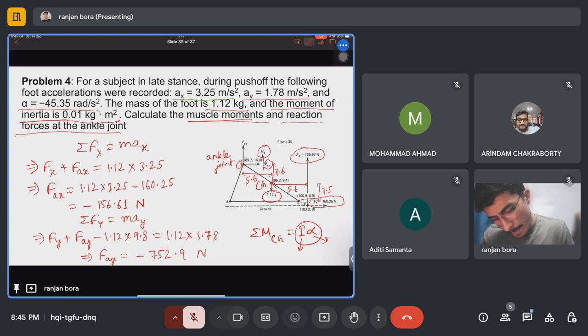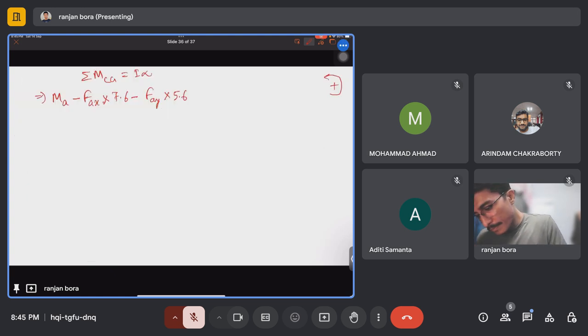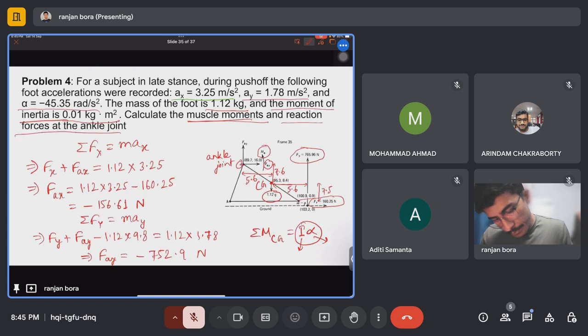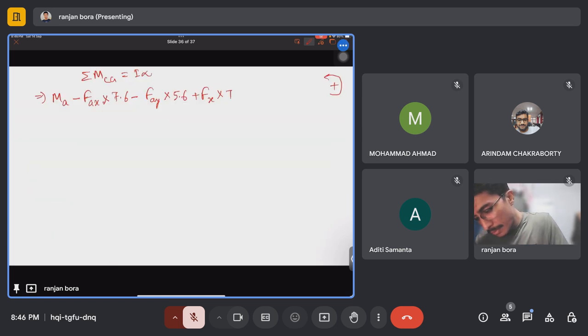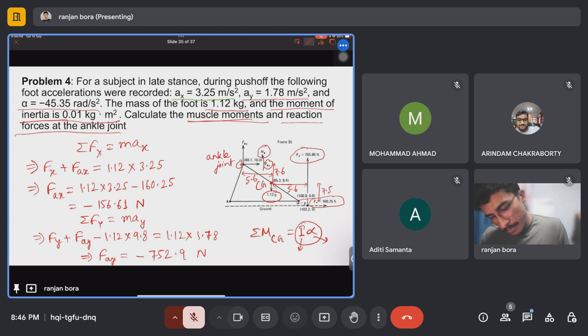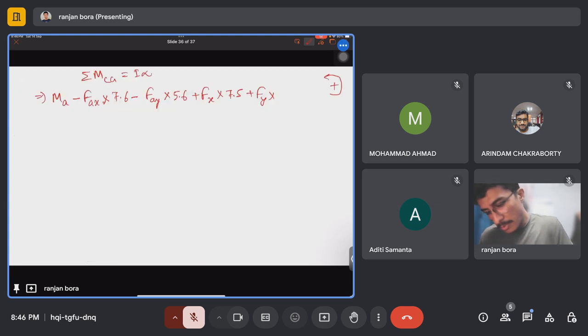and this Fx and Fy will produce anti-clockwise moments. This will be positive: Fx into 7.5 plus Fy into 5.6.